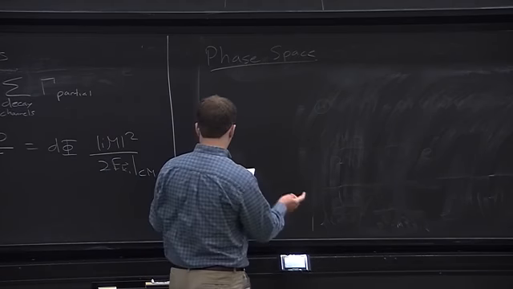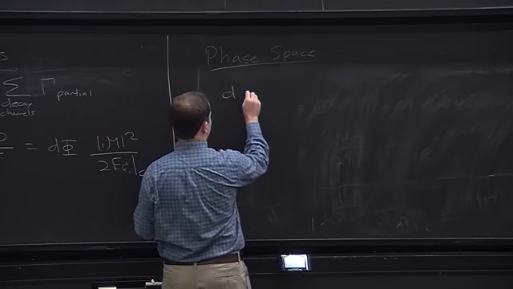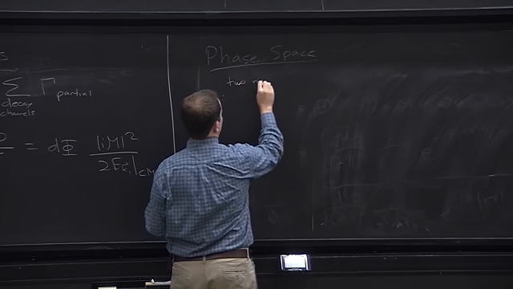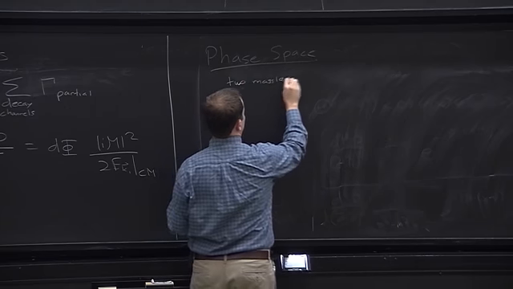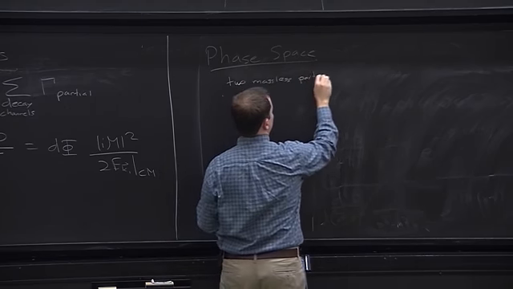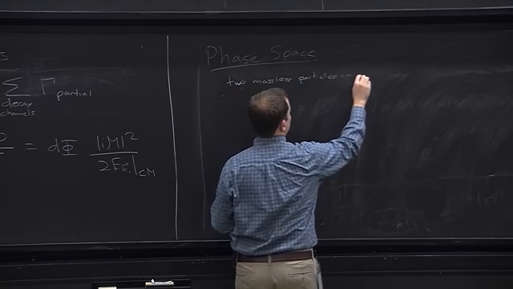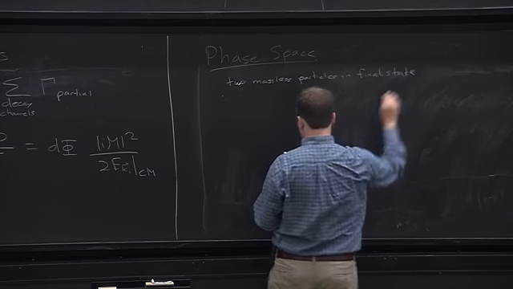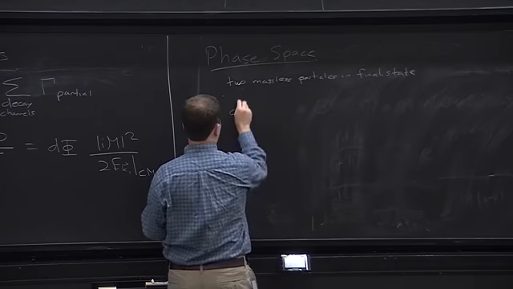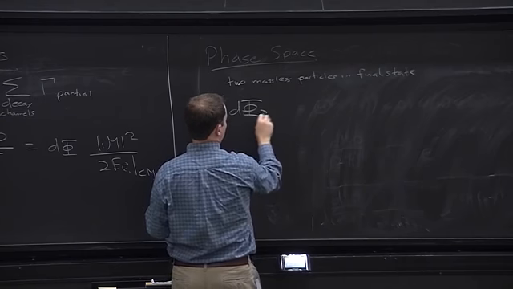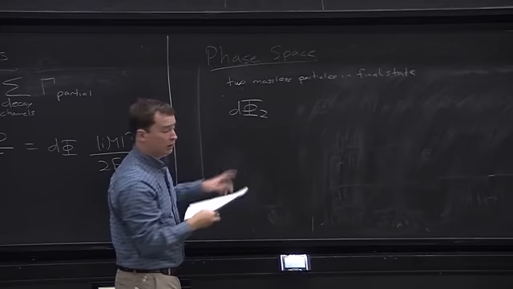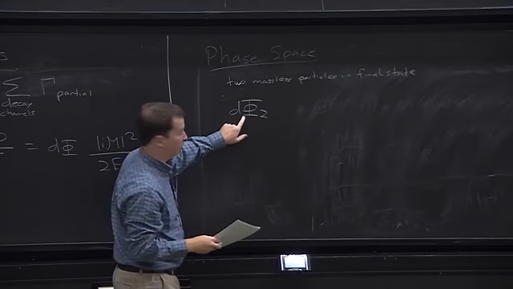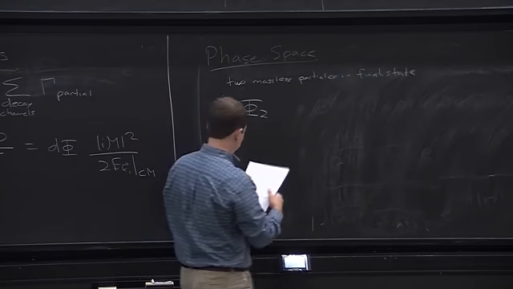So I'll just show you how that works for the case of 2 massless particles in the final state. So in that case, we often put a subscript 2 to indicate that there are 2 particles in our final state on the phase space measure.